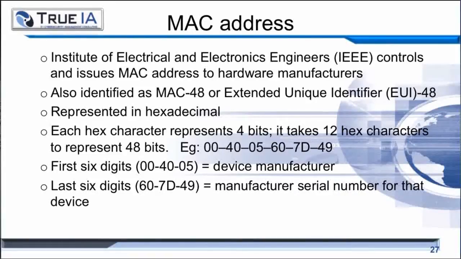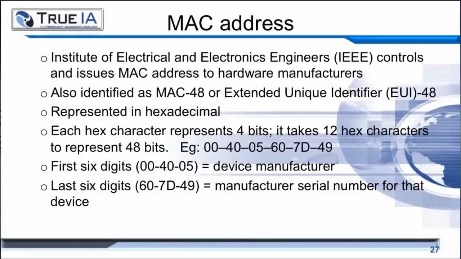So these MAC addresses, as I indicated, are unique to every machine. The Institute of Electrical and Electronics Engineers, or IEEE, controls and issues MAC addresses to hardware manufacturers. This standard is also called MAC48 or EUI48, Extended Unique Identifier.